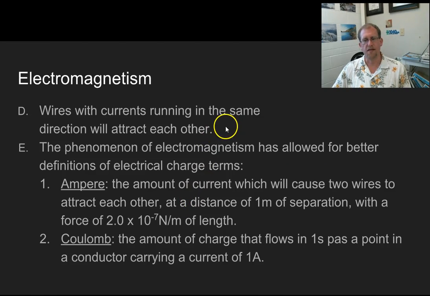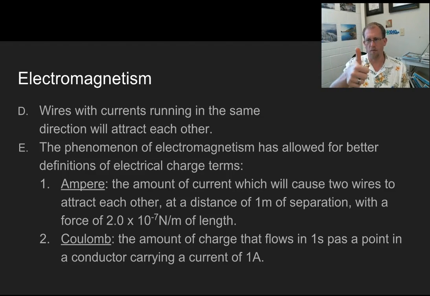Wires with currents running in the same direction will attract each other. So if you have a wire lying next to another wire, and you pass a current going the same direction through those two wires, those wires are going to want to get together. They're going to be drawn together by complementary magnetic fields, because they're both moving the same direction.